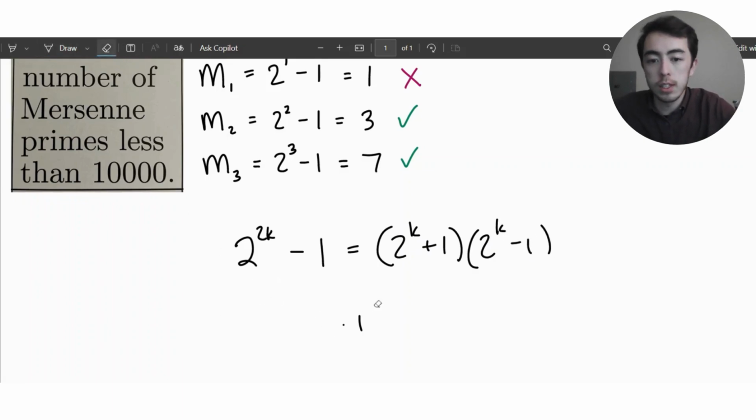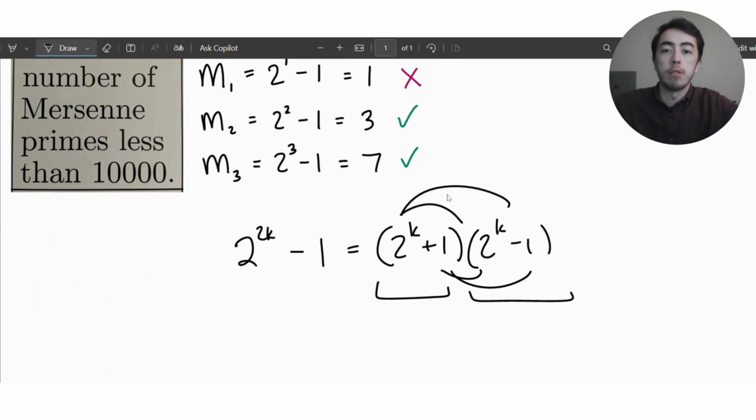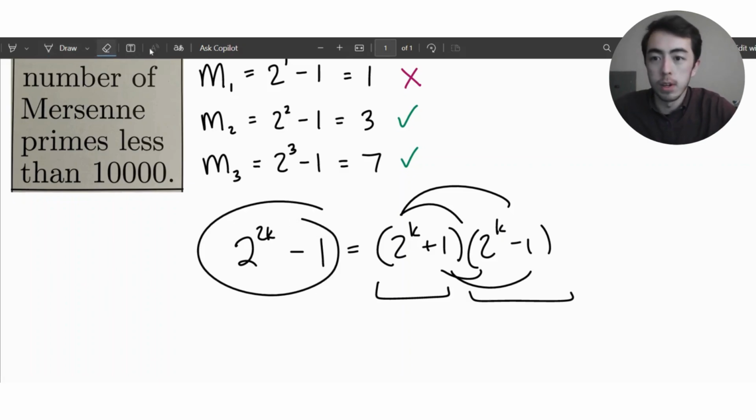You could double check this if you decided to distribute out these two binomials. You're going to return back to this. So if my power is even, I can split it up into two numbers and therefore factor it, and therefore show that this would be a composite number every time.